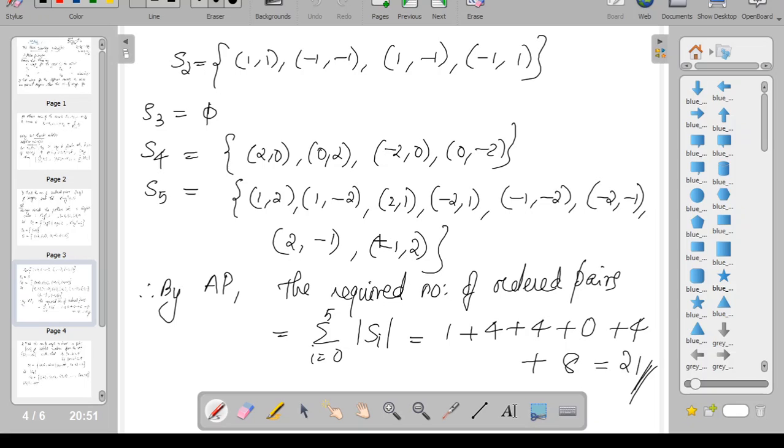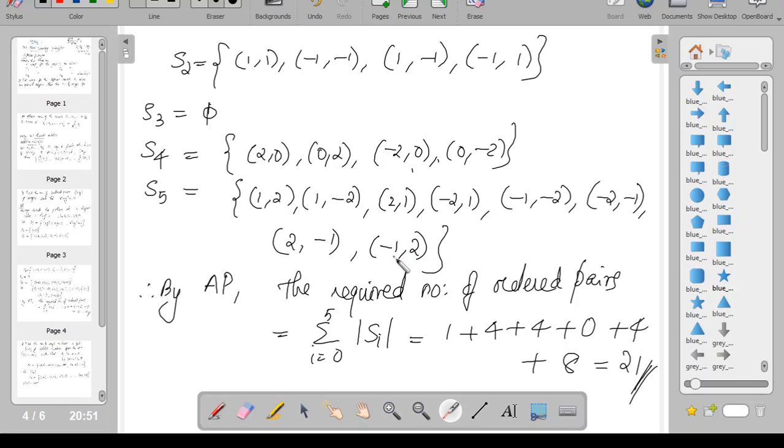So that again gives 4 values: (2, 0), (0, 2), (-2, 0), then (0, -2). Now S5 similarly uses 1 and 2, so positive and negative. So for S5 there are 8 points.